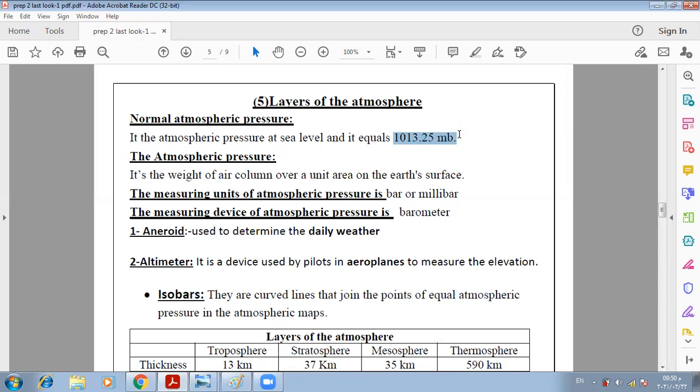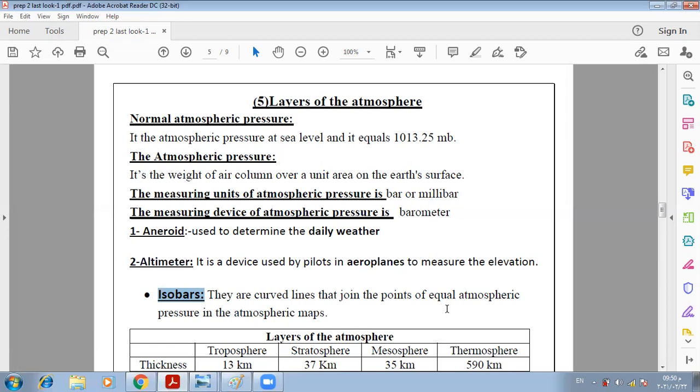عرفنا يعني ايه الديفايس اللي used to measure the atmospheric pressure اللي هو الباروميترز. والباروميترز دول divided to types aneroid والالتيميتر، ونفرق بينهم على حسب اليوز. خلي بالكم انا عامل هنا بولد على كلمة daily weather، وهنا كمان in aeroplane عشان نعمل differentiate بين اليوز بتاع كل واحد فيهم. طيب بعد كده في بوينت مهمة عندي نتكلم عن حاجة اسمها isobar. Isobars are curved lines that join the points of equal atmospheric pressure في area معينة in the atmospheric map.